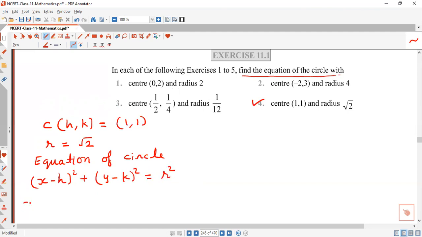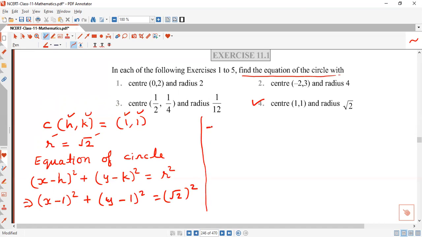Put the values in this equation: h equal to 1, so x minus 1 whole square plus y minus 1 whole square, k also equal to 1, equal to root 2 square.